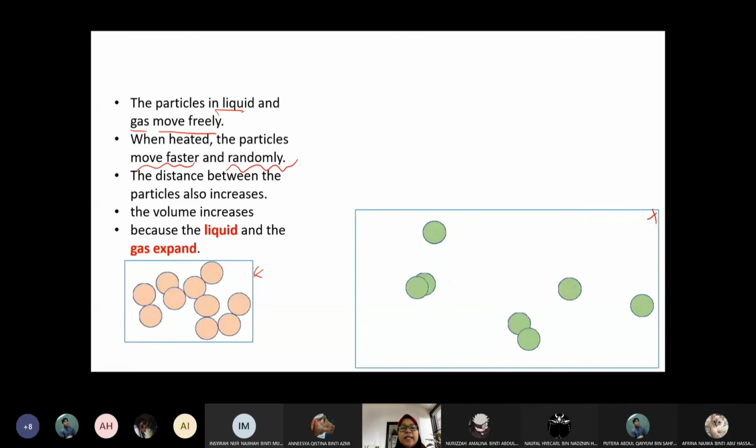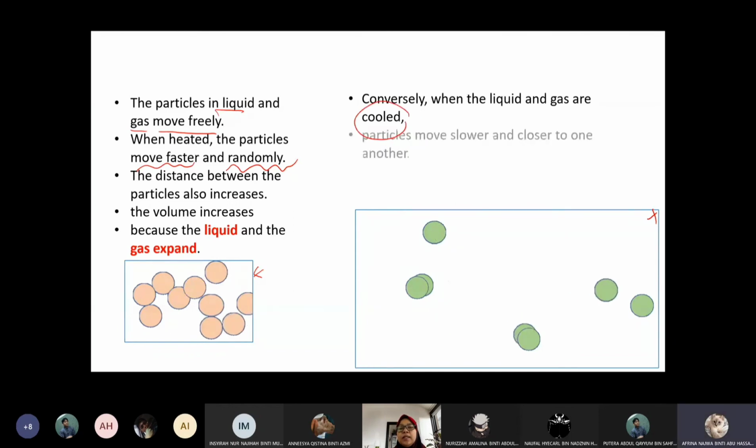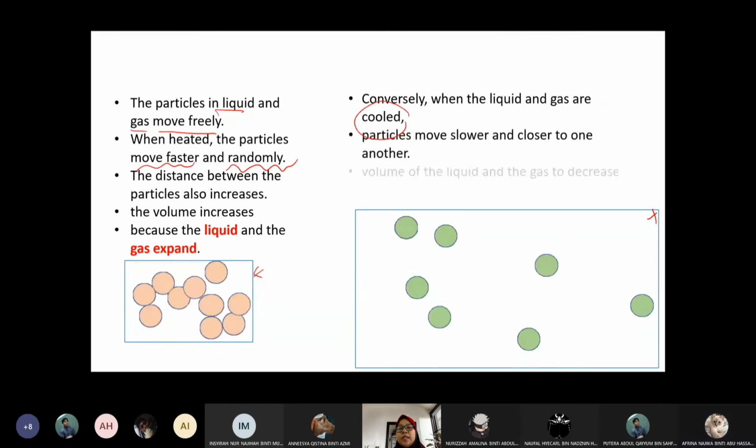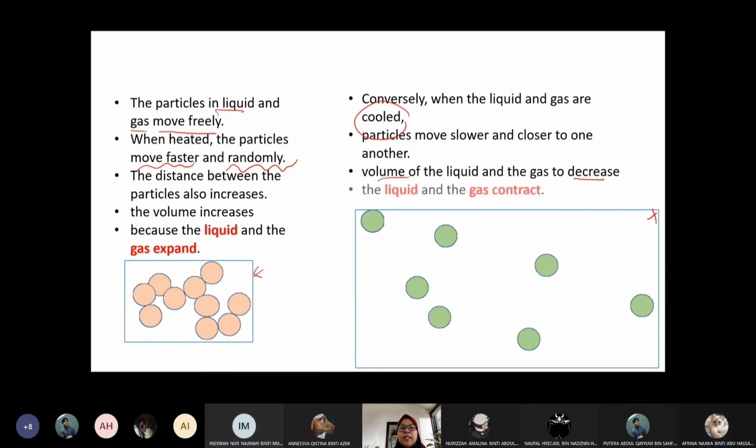So why is that? Because liquid and gas also expand. However, when we cool them, they will move slower and move closer to one another, so the volume will decrease. That is when we say liquid and gas contract.